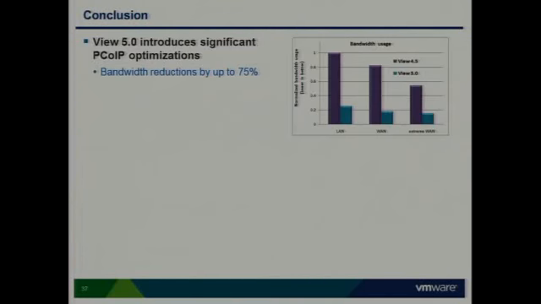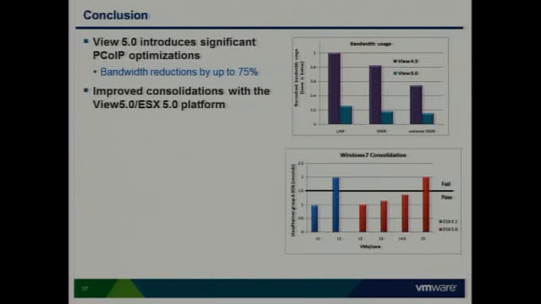That brings me to the conclusion slide here. As we have seen, because of all the CPU and bandwidth improvements, View 5.0 provides much better performance compared to View 4.5. We are seeing about 75% bandwidth reduction in almost all network conditions.